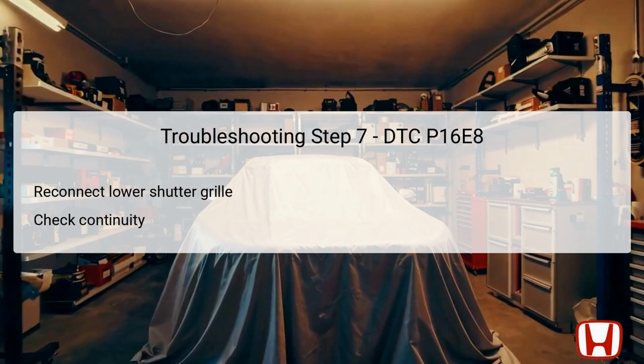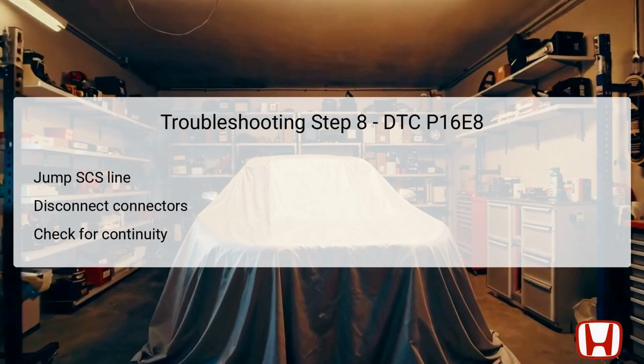If continuity can be verified again, it may warrant replacement of the shutter grille's lower assembly. However, if continuity does not exist, your focus should turn back to potential issues with the LIN communications. Understanding how both sections communicate is vital for isolating the potential fault leading to DTC P16E8.